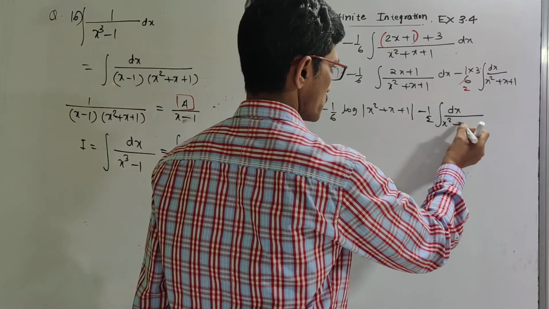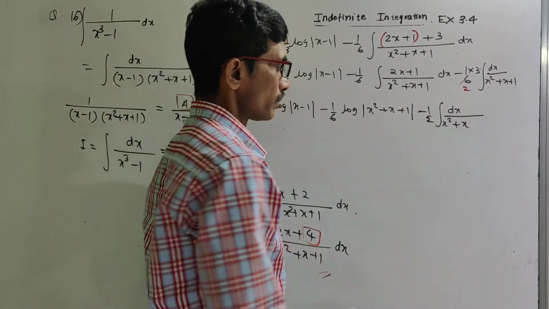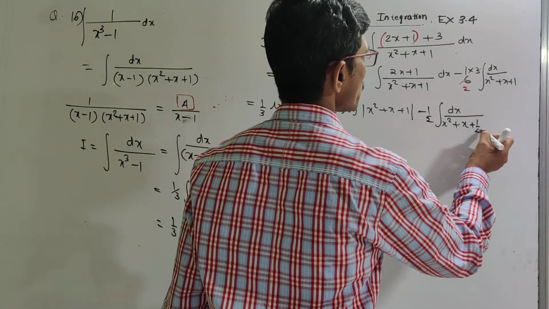x square plus x. Half the coefficient of x is 1/2, so 1/4 add and subtract here.